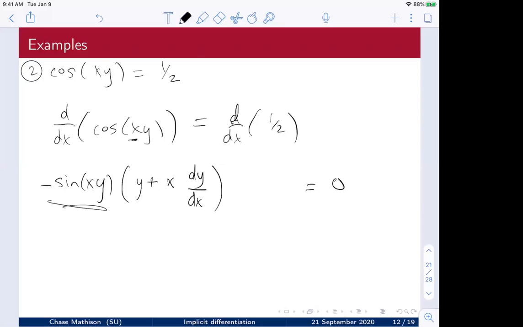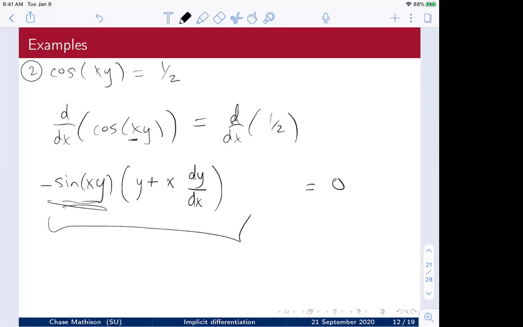So if I add it over, I'm actually adding this whole thing over because it's being multiplied. You need to divide by negative sine of xy. Yes. One thing I'm going to mention here to be careful about is what if sine of x times y is 0? That would be division by 0, right? So we need to be careful. We can't do that when sine of x times y is 0.